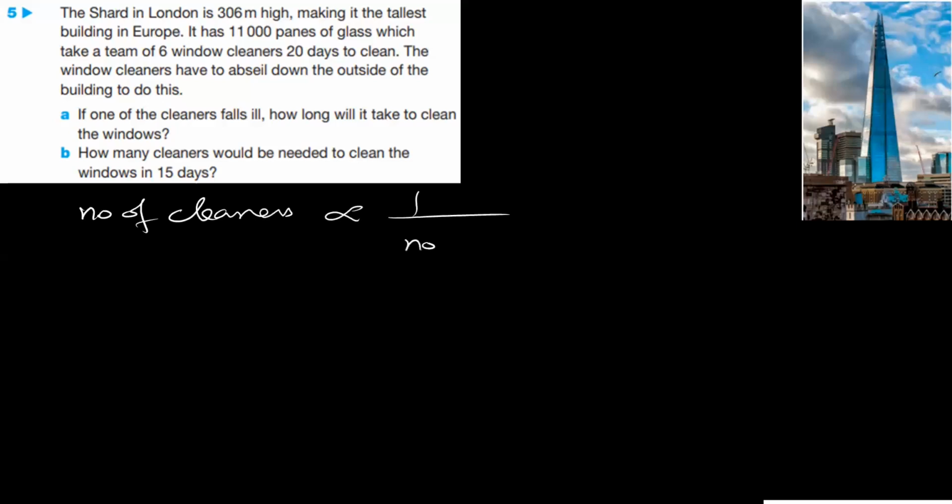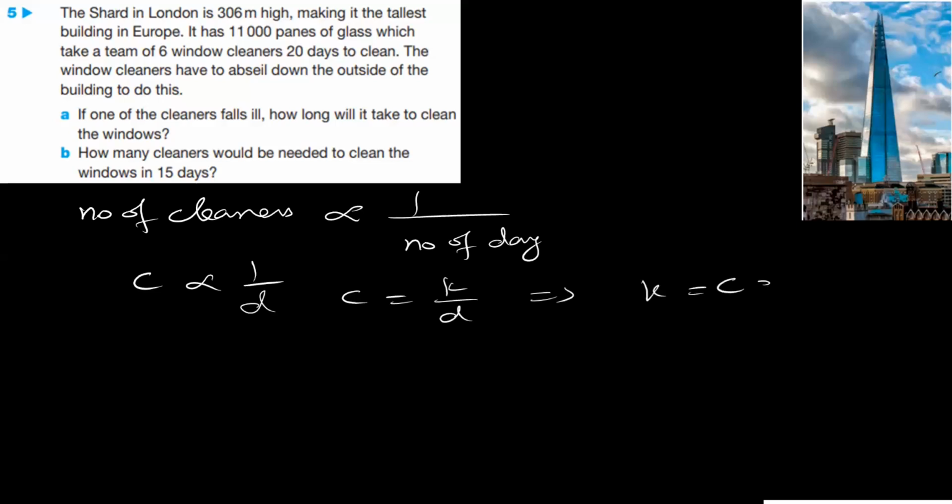We can represent the number of cleaners by C and the number of days by D. So we can write C is inversely proportional to D, and it may be written C is equal to K upon D. This implies K is equal to C times D. This is the equation for K. Now we find the value of K with the initial reading given. So K is equal to 6 cleaners and 20 days.